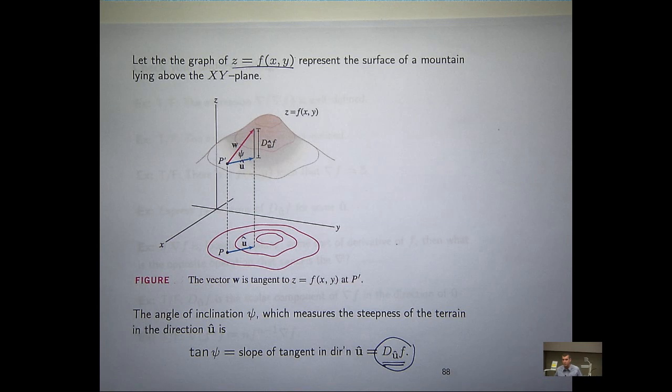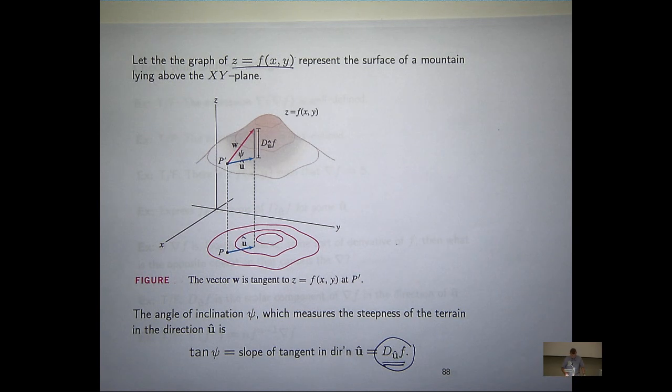Technically speaking, it's called the gradability of a road. And when car companies manufacture cars, they have to think about what's the maximum gradient that this vehicle is designed to handle. So those sort of ideas relate back to the gradient and this angle of inclination.